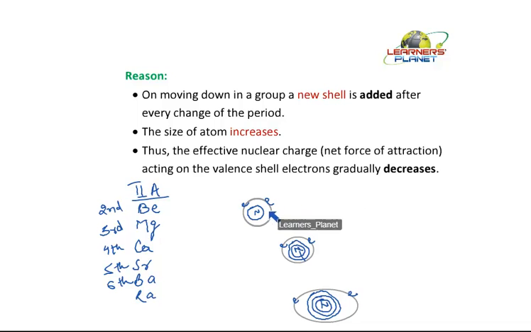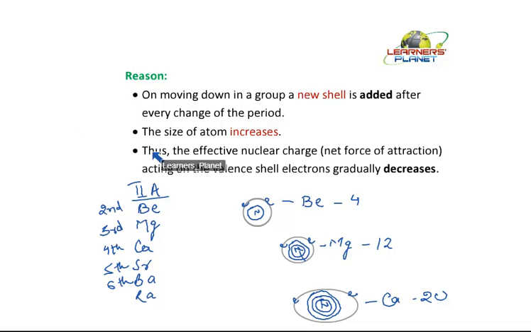We are seeing here, what are these? This is beryllium, atomic number 4, magnesium atomic number 12 and calcium atomic number 20. So what has happened? The size of atom increases. So what will happen now?